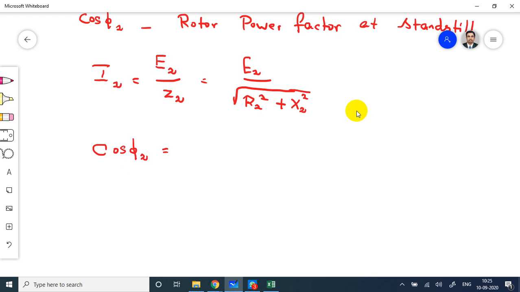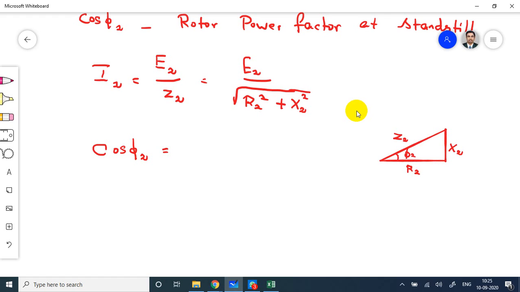Now the power factor, cos phi 2. How to calculate cos phi 2? By using the impedance triangle, a right angle triangle. This is phi 2, R2, reactance X2, and impedance Z2.